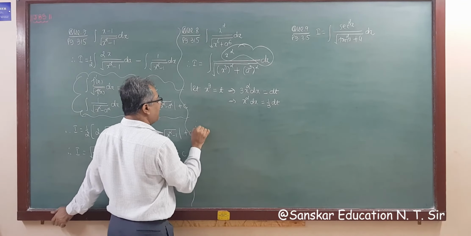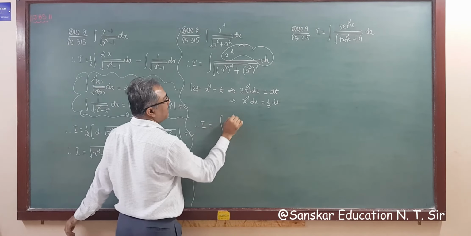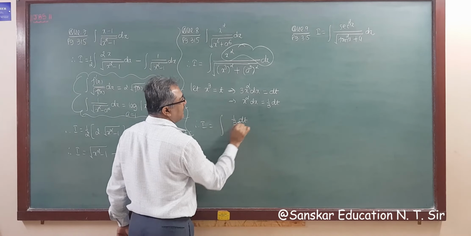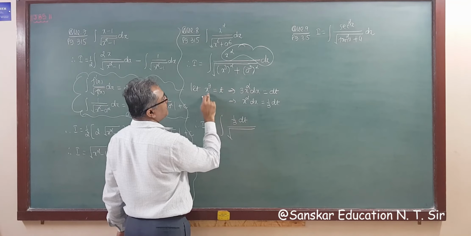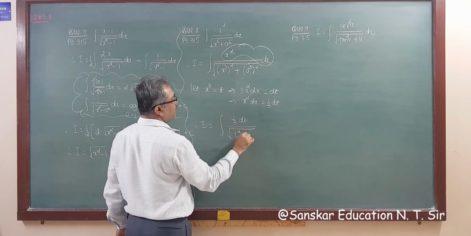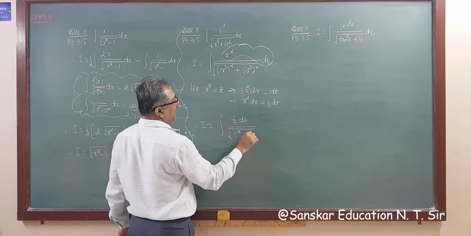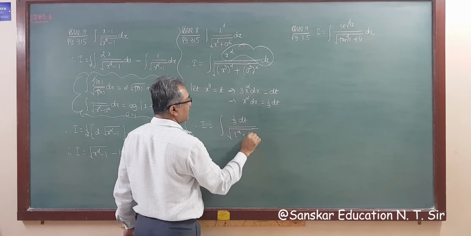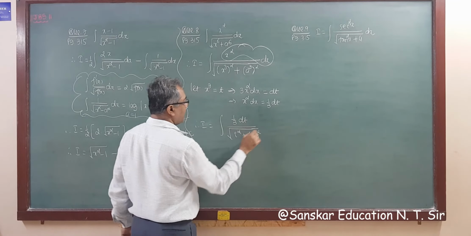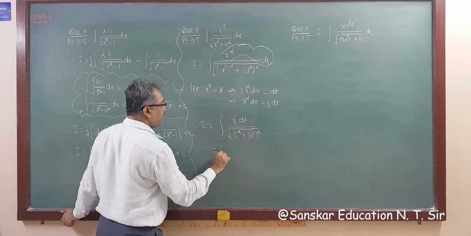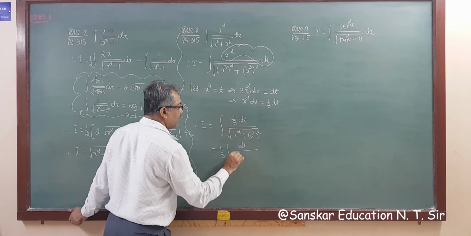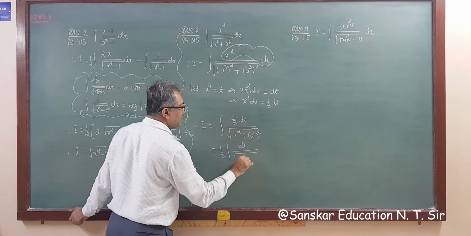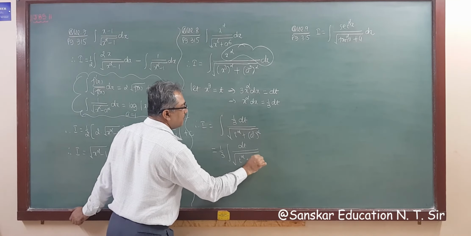So I will be integration 1 upon 3 dt whole upon square root of x cube is t, so this is t square plus a cube square. So this will be 1 upon 3 integration dt upon under root t square plus a cube square.